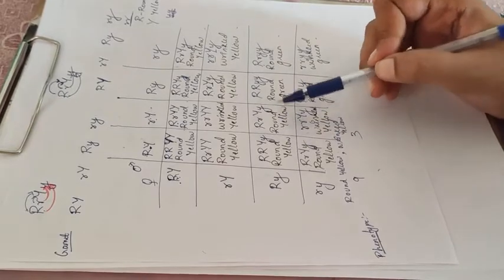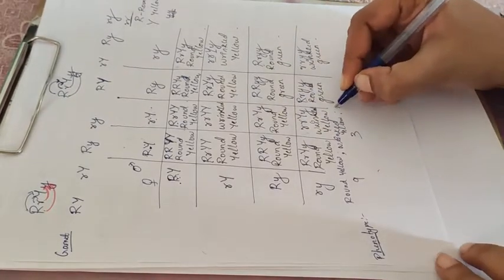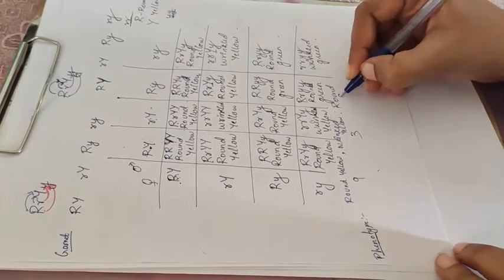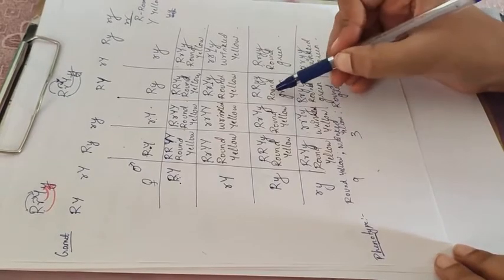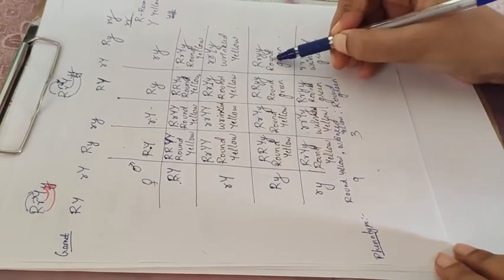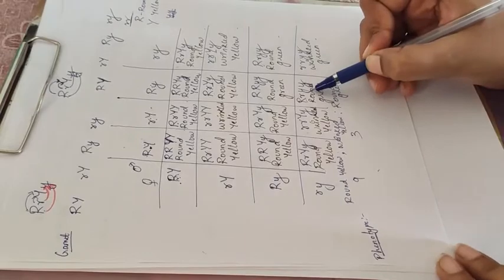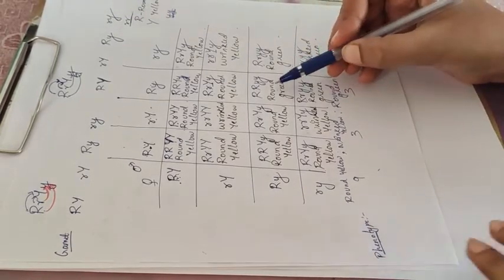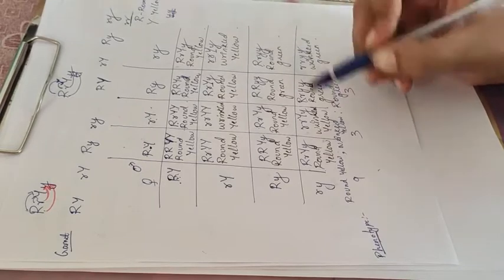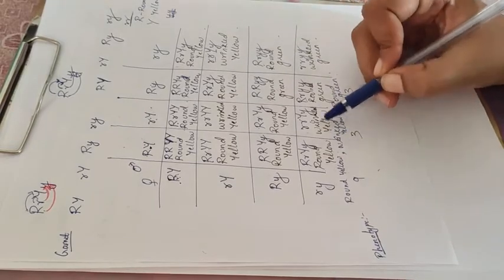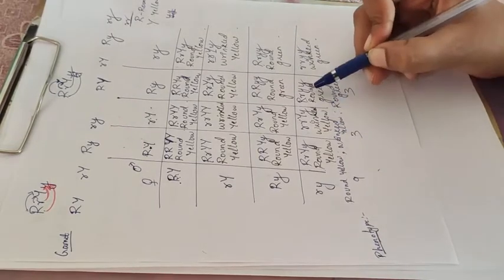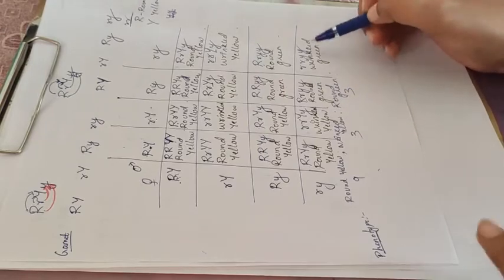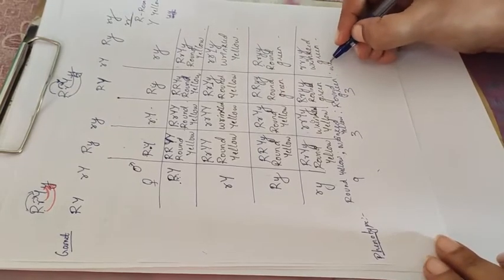Round yellow, round yellow, round green. How many of them are round and green? 1, 2, 3. Therefore it is 3. And finally, round green is finished. Round yellow is also finished. Wrinkled yellow is also finished. Finally it is wrinkled and green.